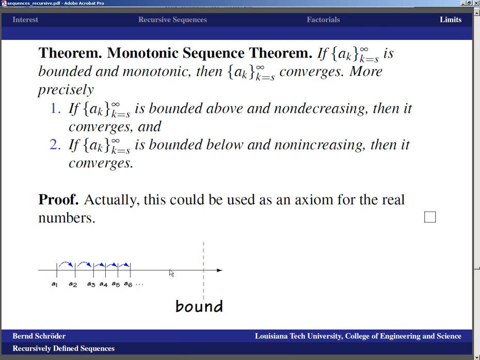But that is where we actually need an axiom such as the monotonic sequence theorem, which then in fact distinguishes the real number system, because it says that the sequence can't aggregate somewhere where there is a hole in the number system, such as, for example, the place where root 2 ought to be is a hole in the rational numbers, right?